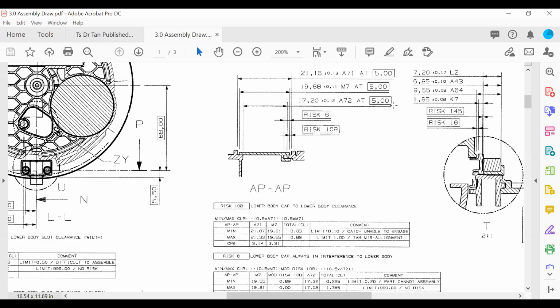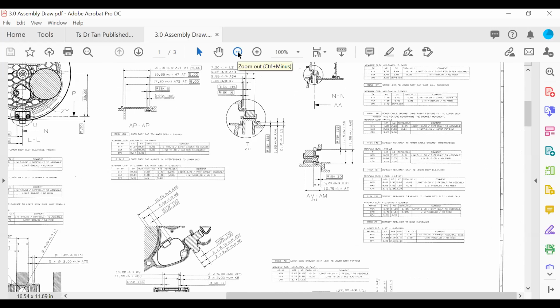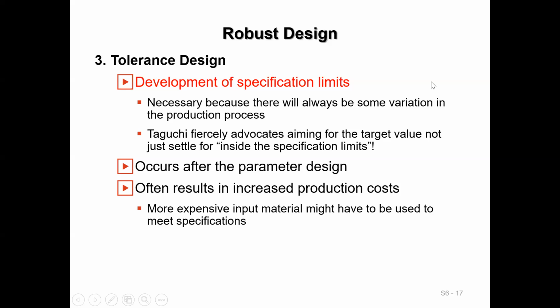And this tolerance and parameter design have to be carried out on every single component. Therefore, I'm saying this topic is a bit technical, and the example that I show you, try to understand, is the easiest and simplest example. Okay.